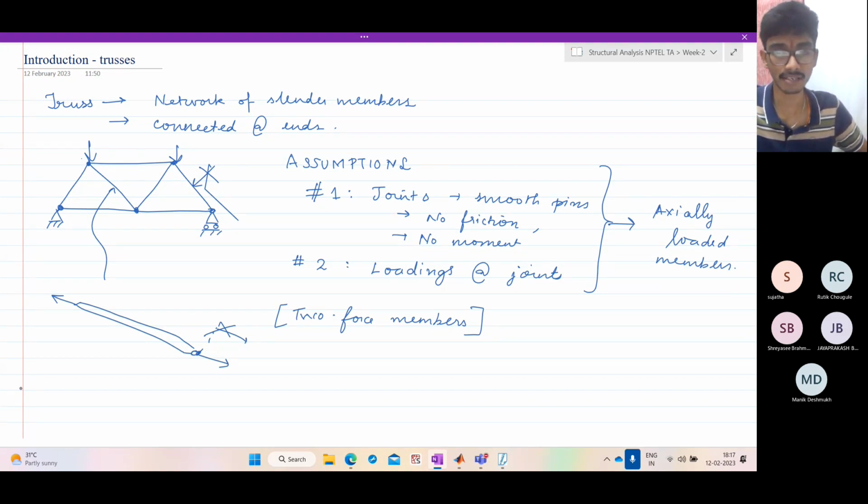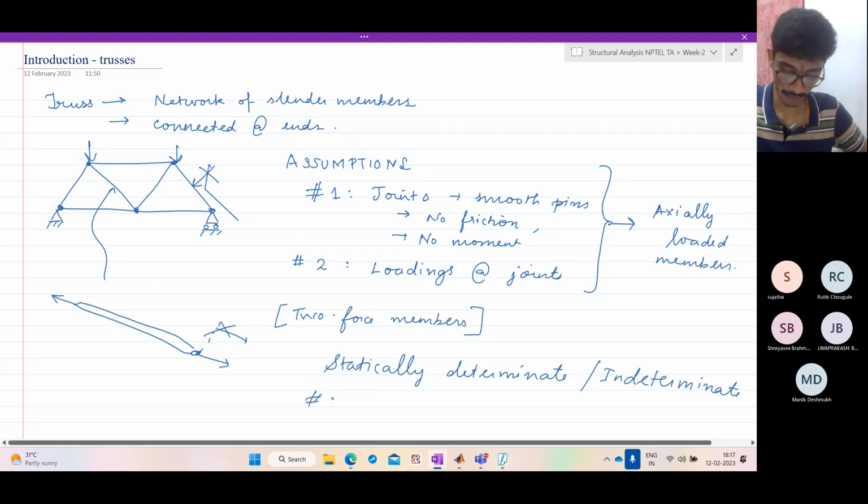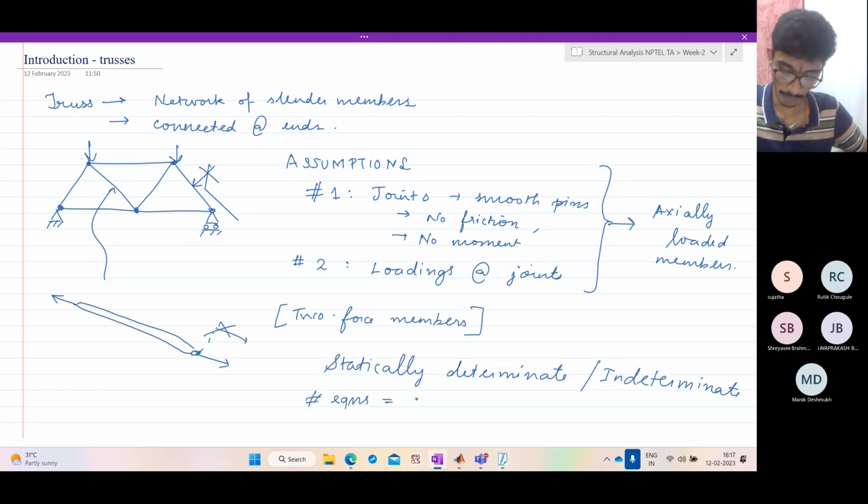When you did assignment 2, you would have become familiar with the different types of trusses: statically determinate or indeterminate trusses. If the number of equations is equal to the number of unknowns, you call it statically determinate.